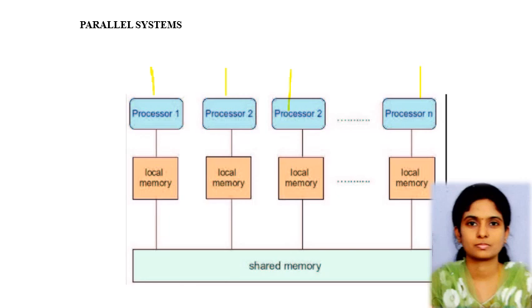If any one of the processors fails, the work might be slowed down. It might slightly slow down the speed of the system, but the system will work smoothly. It will not affect any other processes. So that also comes under the advantages.